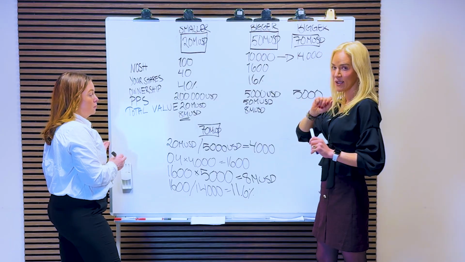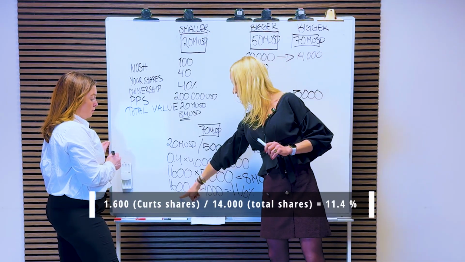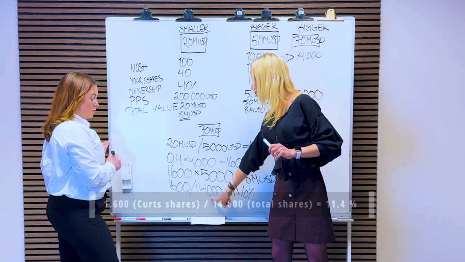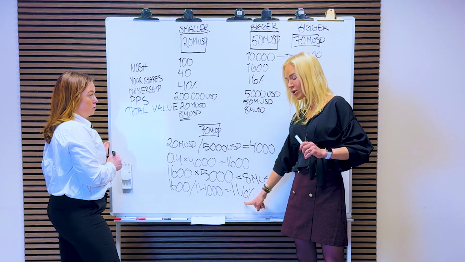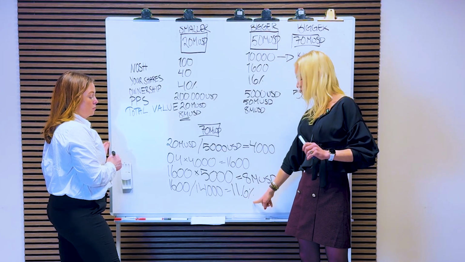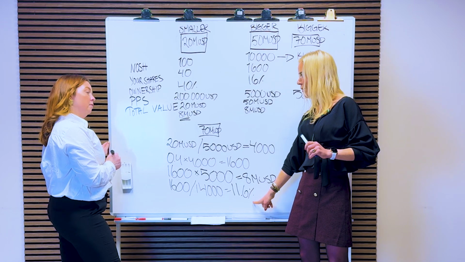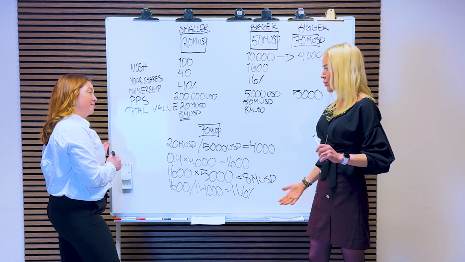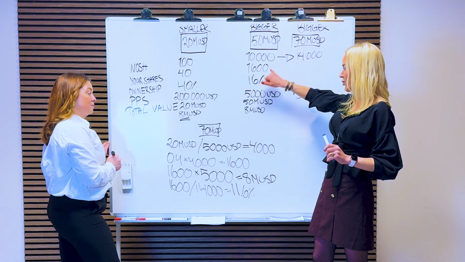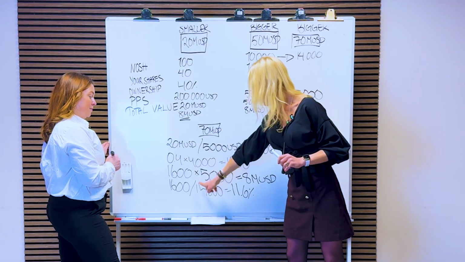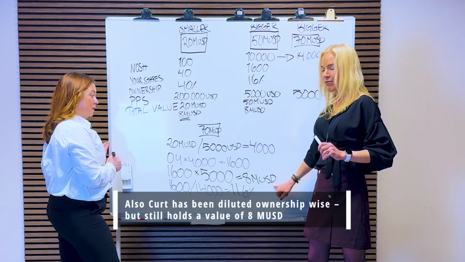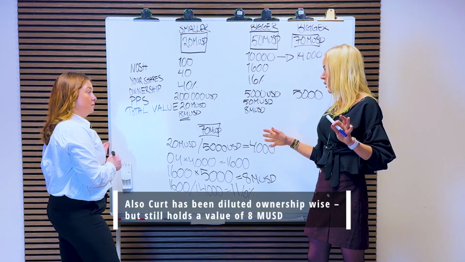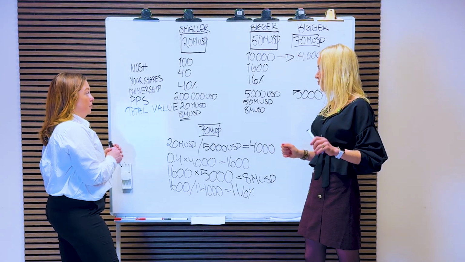Now he has 1,600 shares of 14,000 shares. So now he's been diluted ownership-wise to 11.6%. But economically, 1,600 shares times 5,000 is 8 million. The same. So we did it the right way. So they're like equal owner stake now.